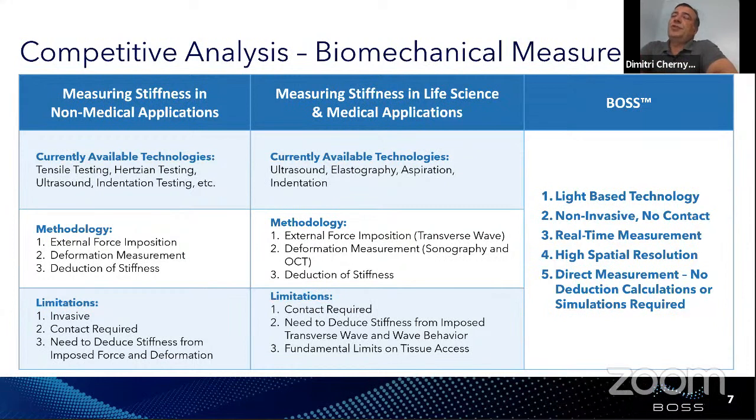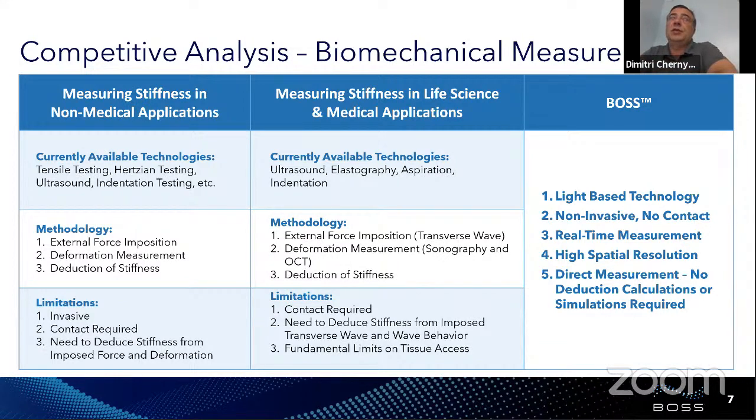So how does it compare with some of the other techniques? I'm not going to dwell on this slide because there was an excellent overview by Vinicius and by BJ as to what the available techniques are. But where we see advantages is that it's a direct localized measurement.